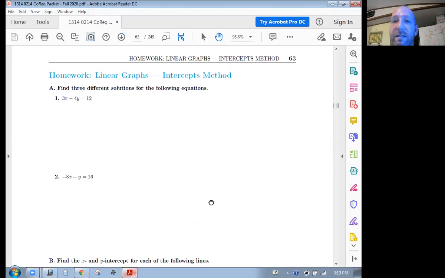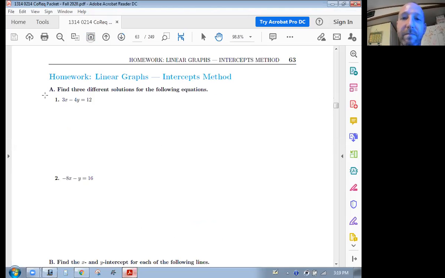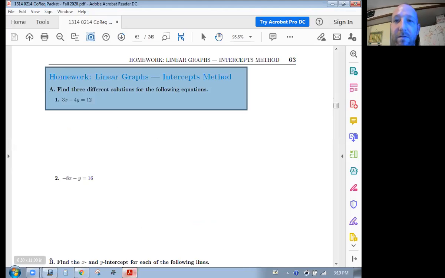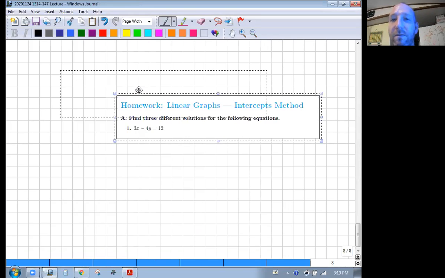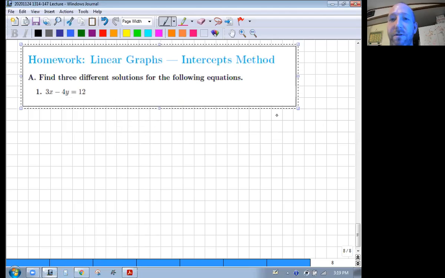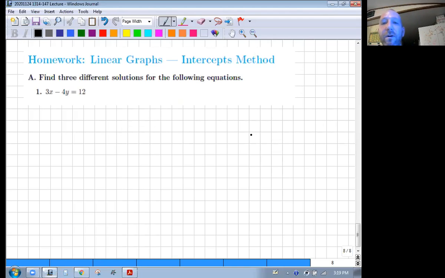So page 63. If we're going to find 3 different solutions for the following equation, there's two variables here. If we graphed it, the solutions would form a line, right?